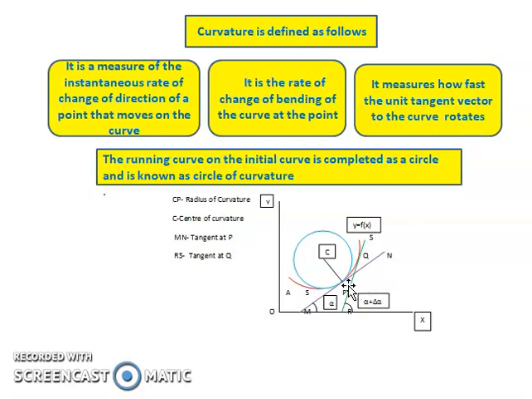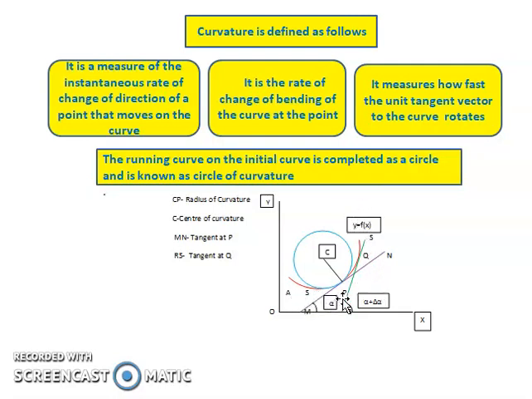As the point P moves along the curve to Q, again we are having a tangent at Q, and the tangent at Q makes an angle alpha plus delta alpha with the x-axis. Now the distance between A and Q is S plus delta S. Now again the point Q is going to move to another point R, and again we are going to have a tangent.